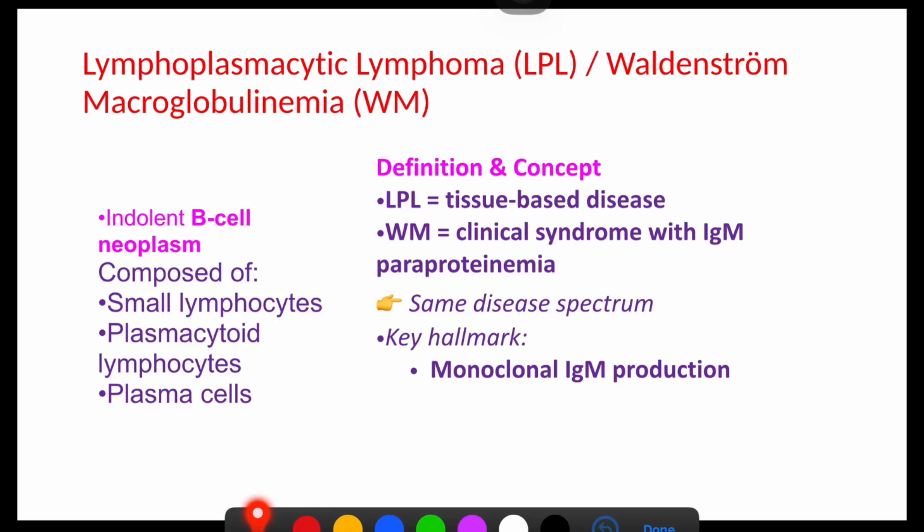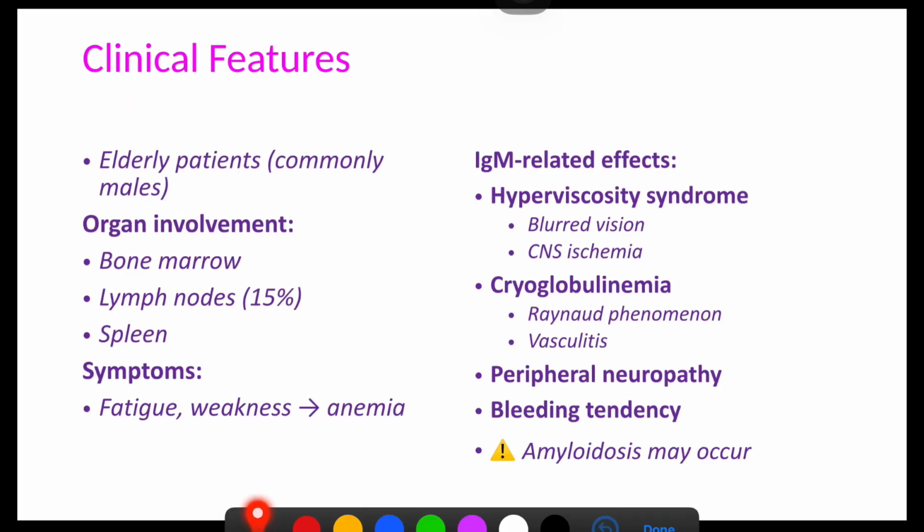So, LPL which is lymphoplasmacytic lymphoma, it is tissue based disease and Waldenstrom macroglobulinemia, it is clinical syndrome which is associated with IgM paraproteinemia. So, both have same disease spectrum, but key hallmark is monoclonal IgM production.